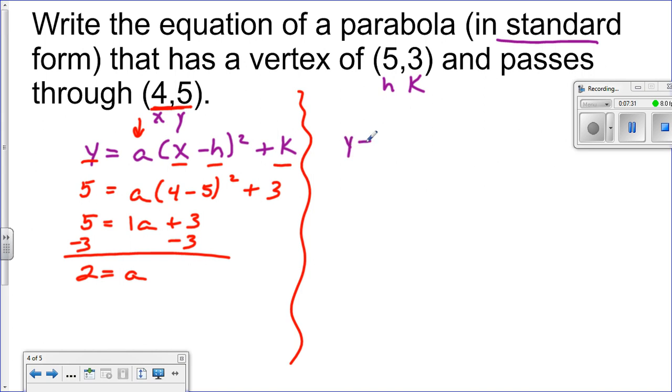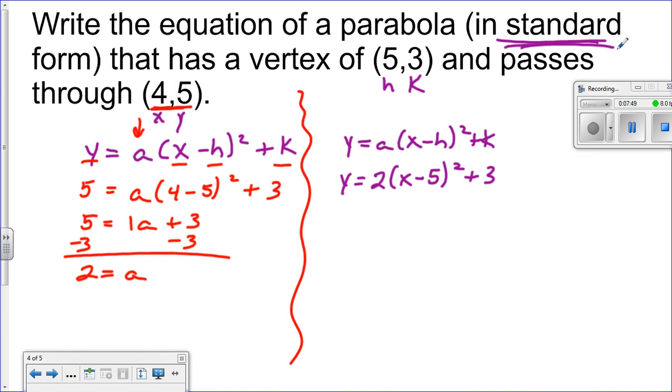So now I'm going to put it together. y is equal to a times (x minus h), whole thing squared, plus k. So I'm going to say y is equal to 2 times (x minus 5), whole thing squared, plus 3. Now the question asks for standard form. This is vertex form, so all I have to do is multiply it out. So let's FOIL this.